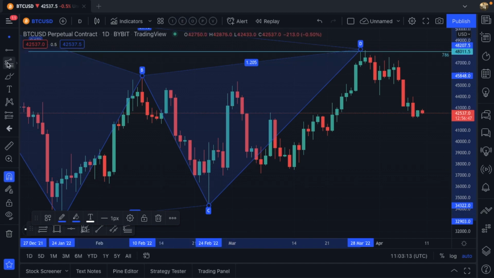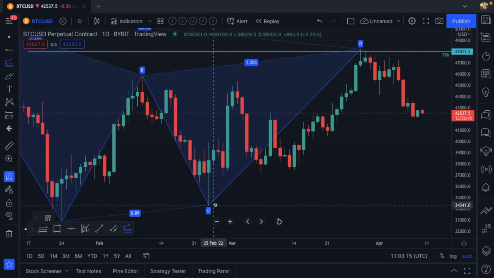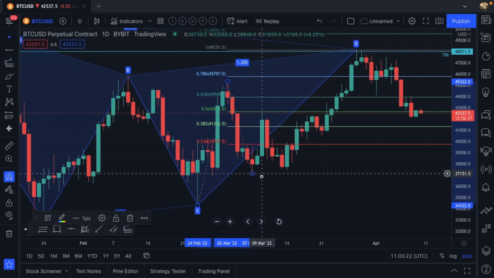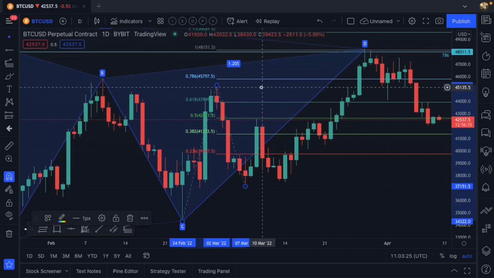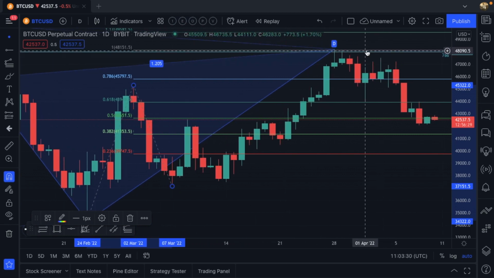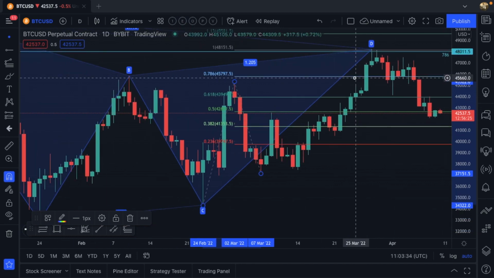Now, the fib extension from this C point to this high and to this low, this gave us a one-to-one extension here. I mean, almost perfect. That's where this got rejected from.